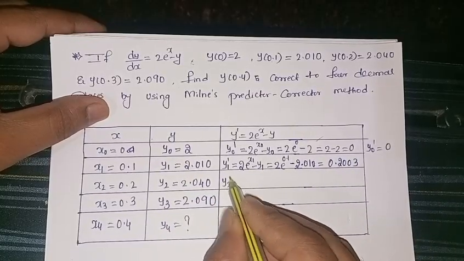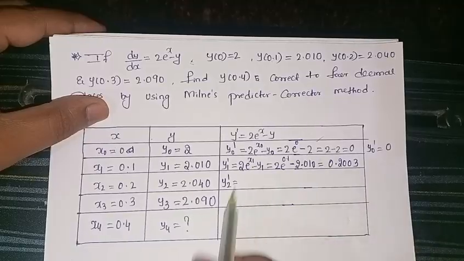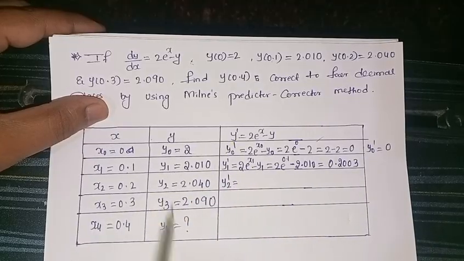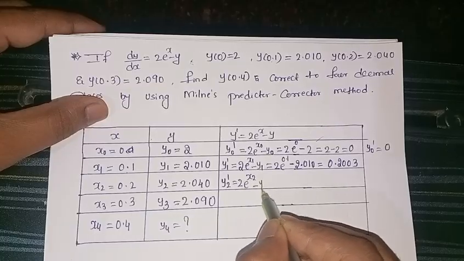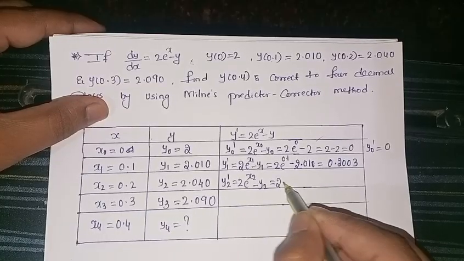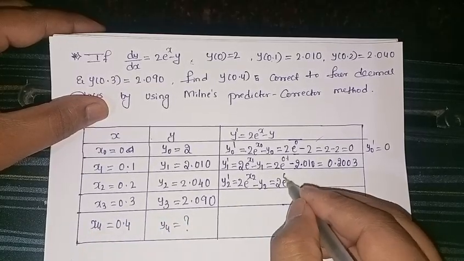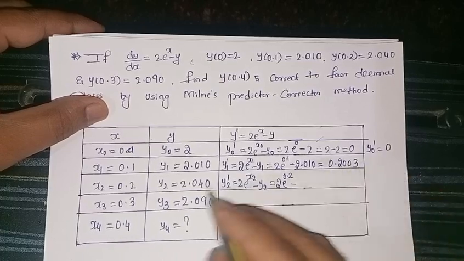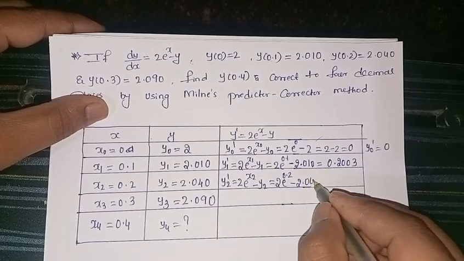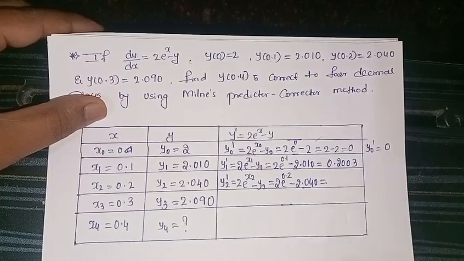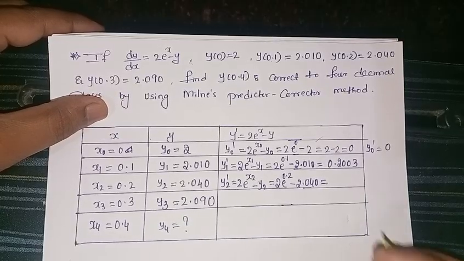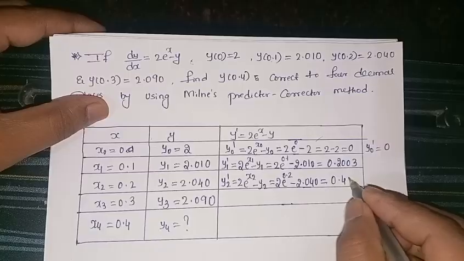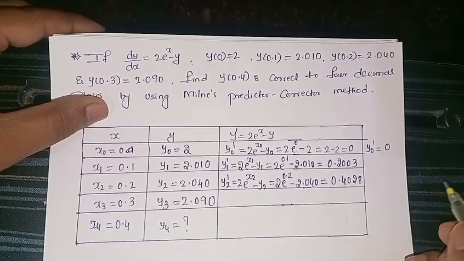Now y2 dash means I define y dash at the point x2 and y2, that is 2 into e power x2 minus y2. So 2 into e power 0.2 minus 2.040. If I solve this using a calculator, I get 0.04028.